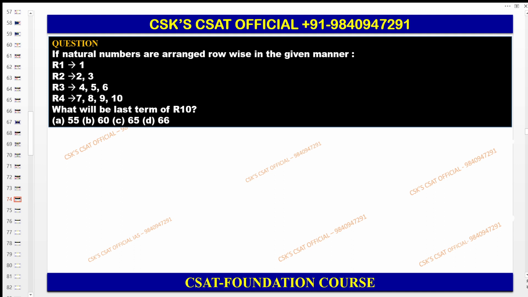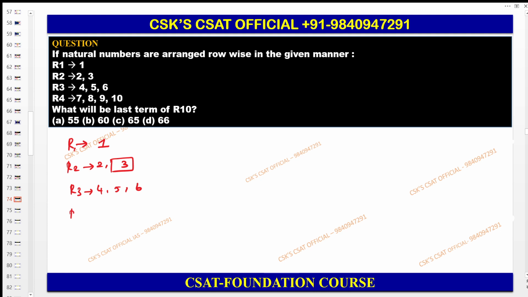Here, listen carefully. R1, only 1. R2, 2, 3. This is the last term. Here, you can do like this also manually. 4, 5, 6.